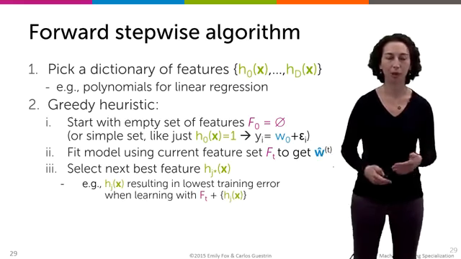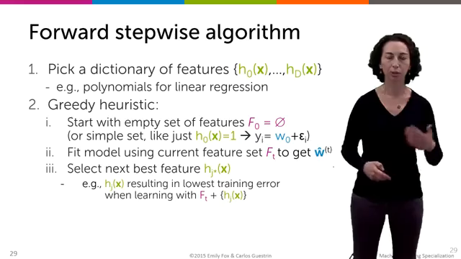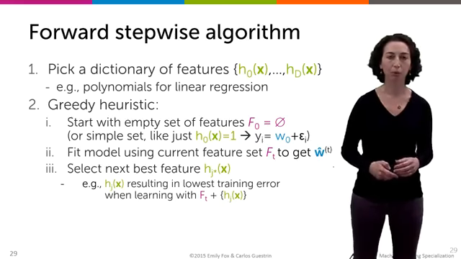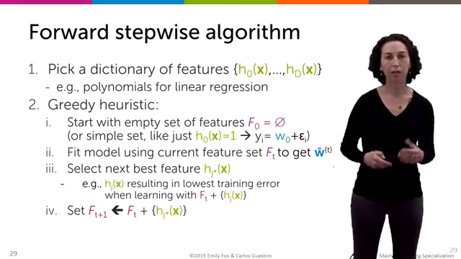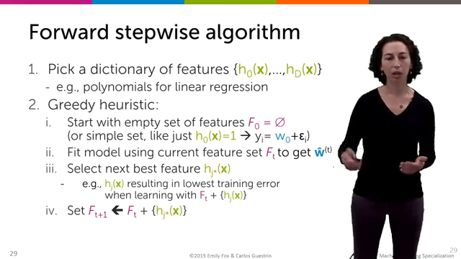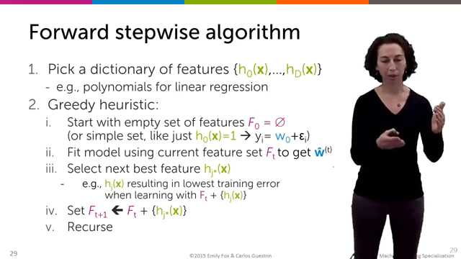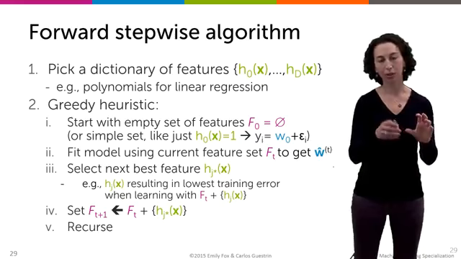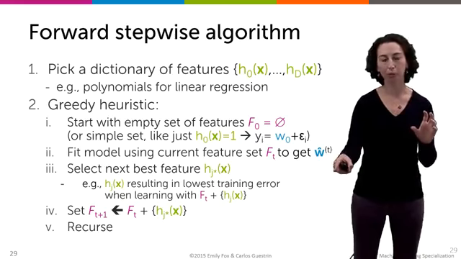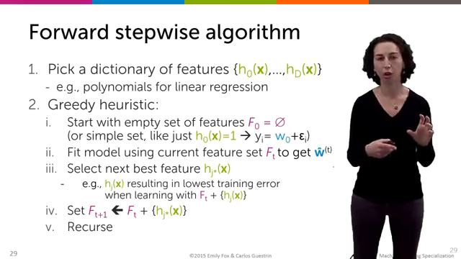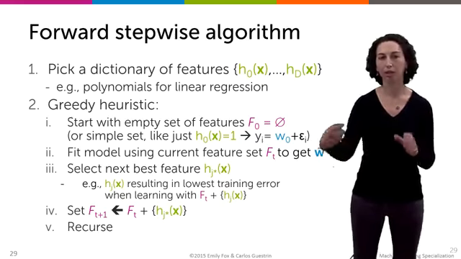One measure of this might be training error. So you choose the feature that most reduces your training error, include that in your model, and recurse this procedure: you search over every other possible feature you might want to add, choose the next one that drops your training error the most, and keep going.